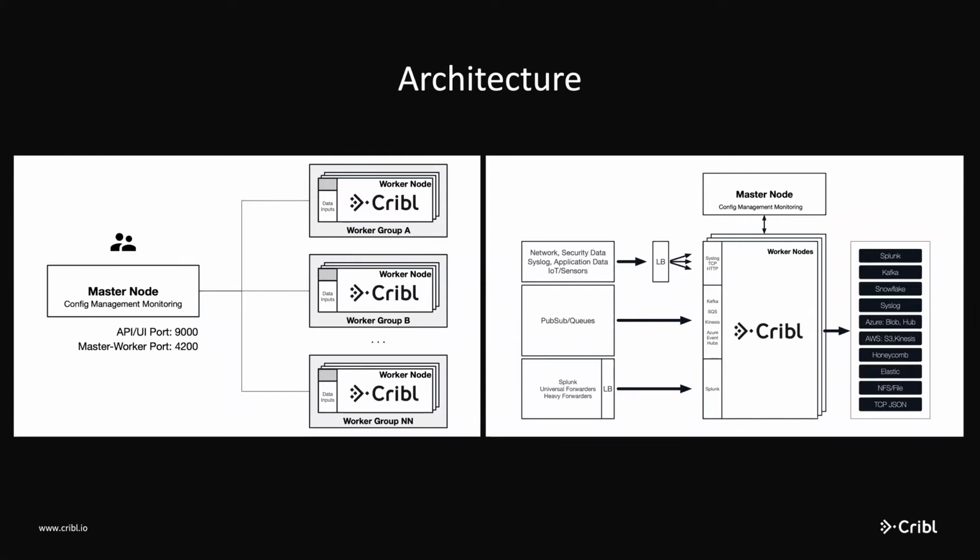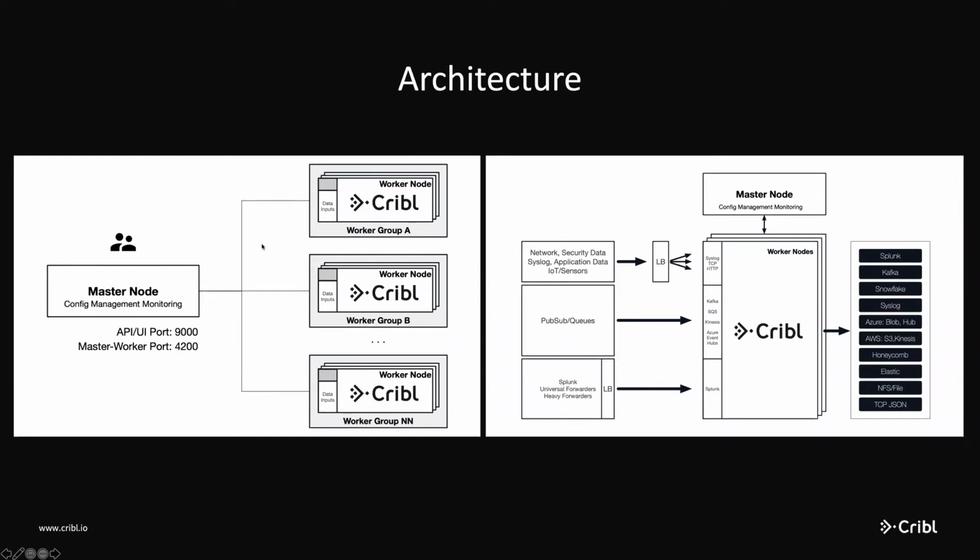So in Cribl LogStream 2.0, there is a Masternode that's handling config management and monitoring. We use the same recommended port we had from before, port 9000. There's a new port being used for master to worker communications, and that can be encrypted with TLS as well.